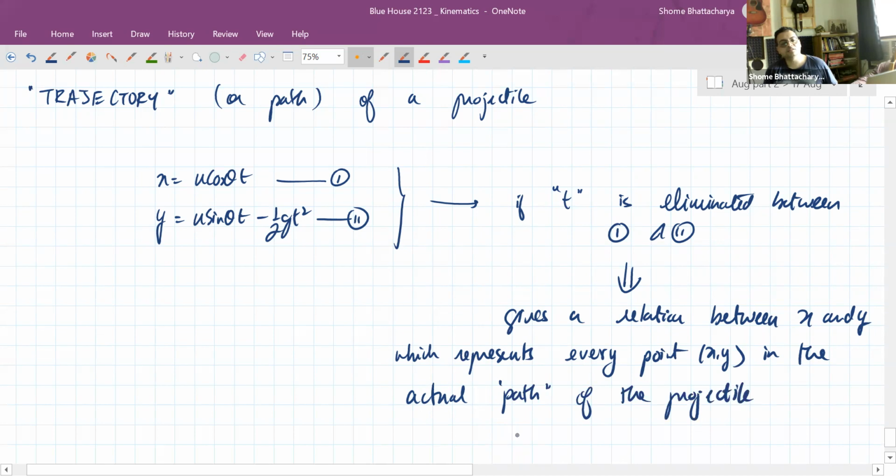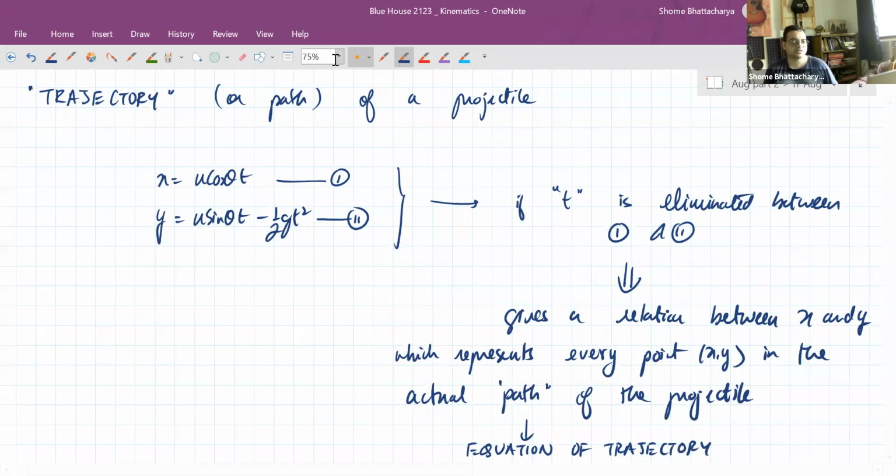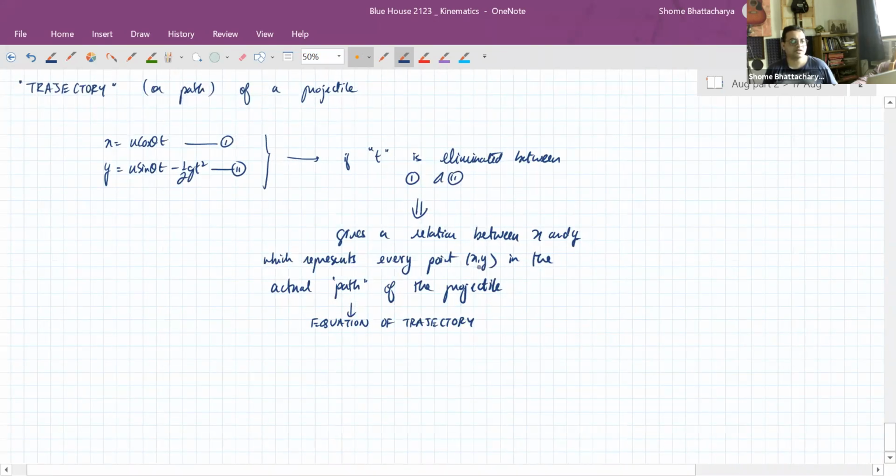So that relation is then called the equation of trajectory. Equation of trajectory is basically the equation of a set of points which represents the path. Each point on that path, each coordinate x comma y, satisfies the equation of that path, which we get by eliminating time between these two equations.